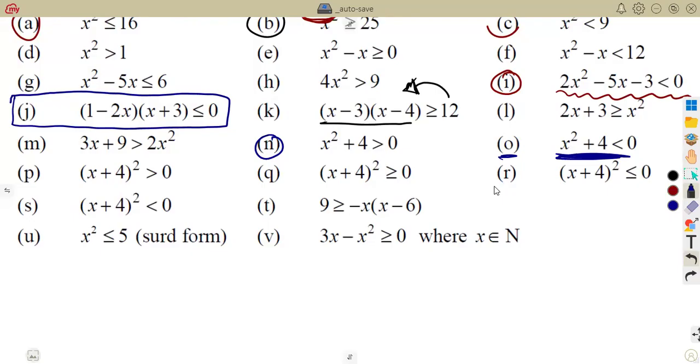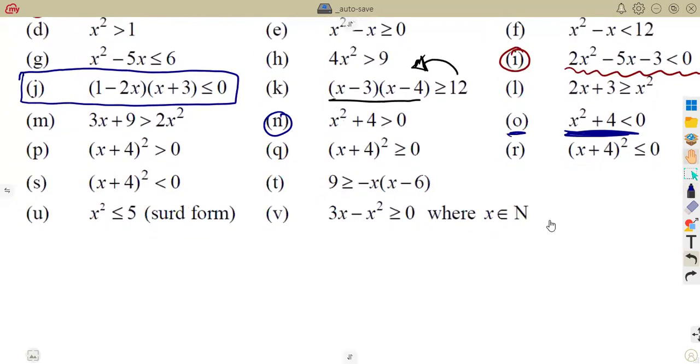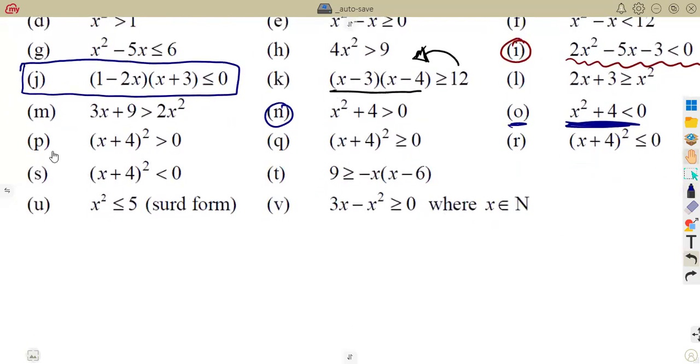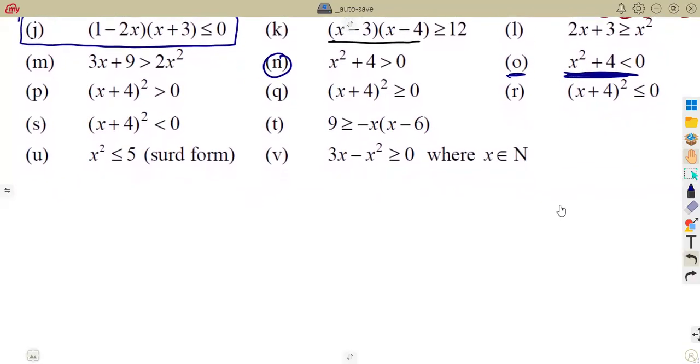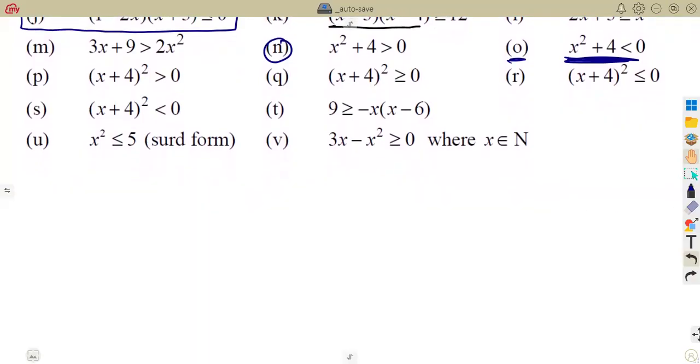Look at this condition of part P. If you check from P, we must be very careful there. Q, R, S, those questions, you must be very careful. Let me just explain these ones because I think they're just direct, but do the rest, guys.